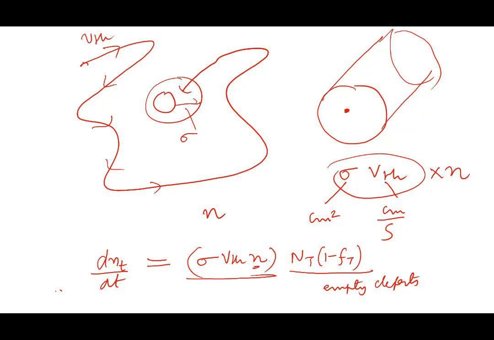Why n? Yes. So what we are saying is the capture rate would depend on the defect moving, and this is the critical area sigma, so it sweeps out a volume sigma Vth, and if an electron lies in that volume, then it will get captured. And the number of electrons per unit volume is n.